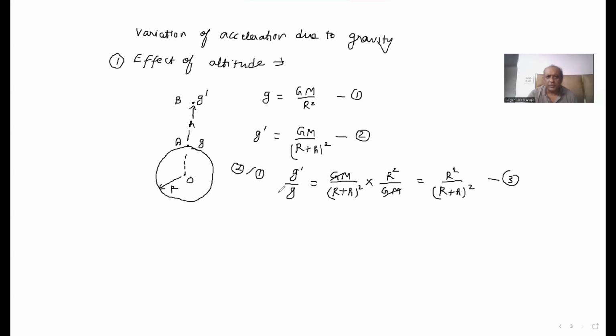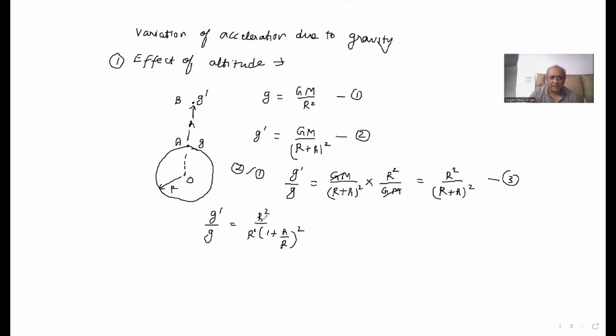Okay. So now what I will do is, I can write the same equation as g dash divided by g is equal to R square as such. And in the denominator, if I take R square outside, what I get is (1 plus h divided by R) whole square. Okay.